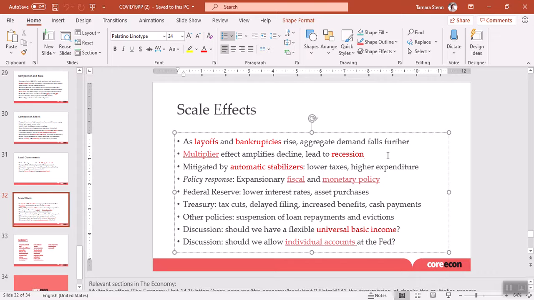The restaurant lays me off because they have no business. I can't pay the rent in my apartment. My landlord now has lost income, and my kid is home from school, and I have to homeschool him, but I don't have a computer. So he now is missing out on education, and I'm being threatened with eviction and getting my utilities cut off.